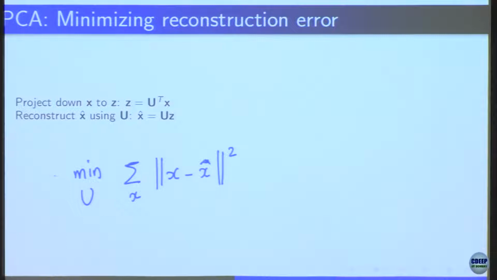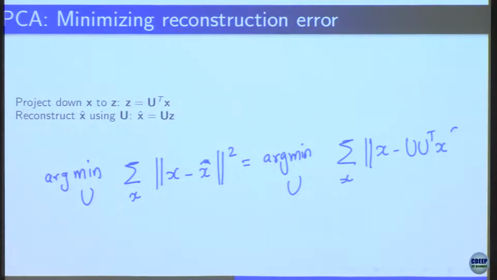U. Let's put it as argmin over u, but then I should write everything in terms of u. So I'll substitute for x hat as u transpose x squared.